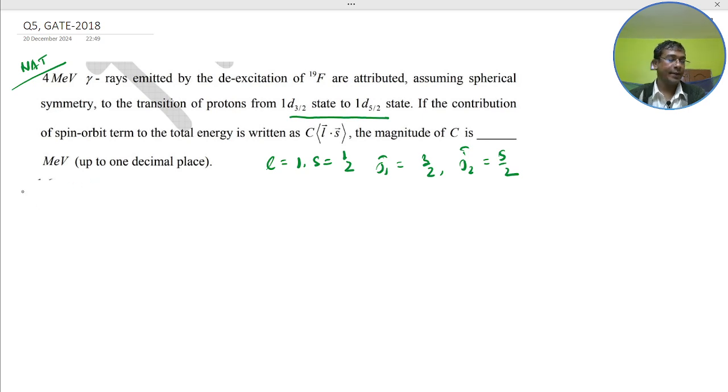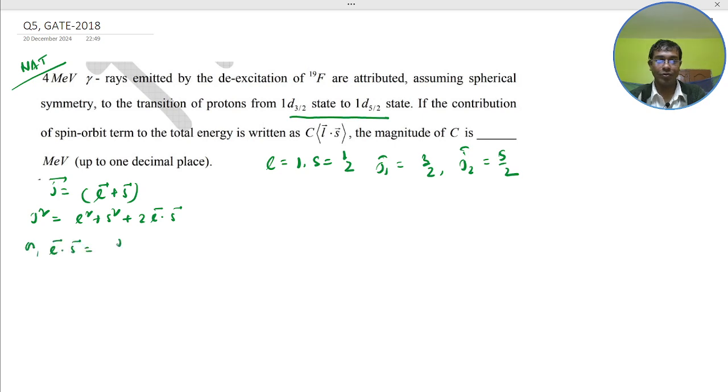So J should be L plus S, and J square is L square plus S square plus 2 L dot S, or L dot S is equal to J square plus L square minus S square by 2.